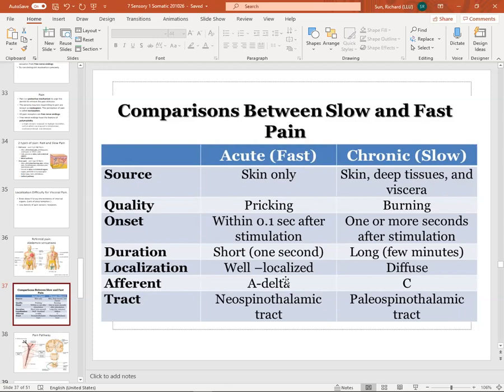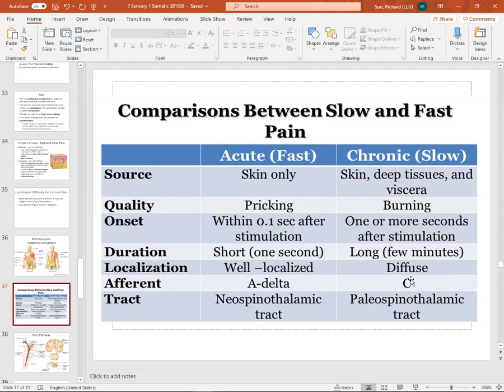They go through different pathways. One is called the direct pathway, also called the neo-spinothalamic tract. And slow pain with type C uses the indirect pathway. This is also called the spinothalamic tract.